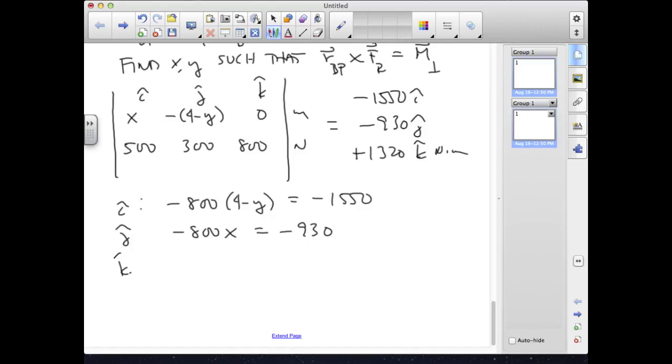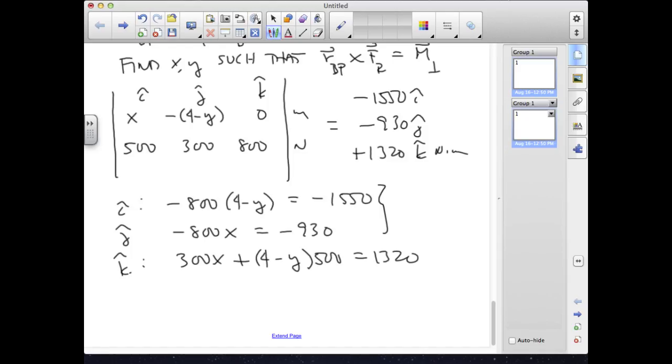And in K, we have 300x plus 4 minus y times 500 equals 1320. Again, we can use any two of these three.